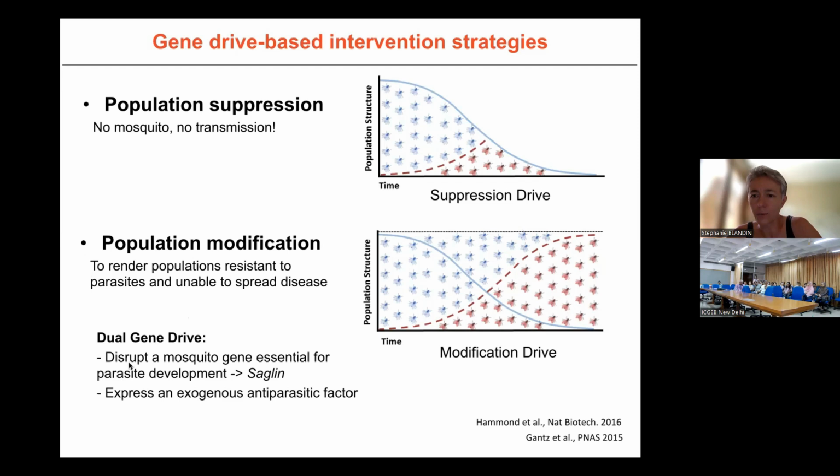The first one is to disrupt a gene that is important for the parasite to develop, that's saglin we've been mentioning. The other is to express an exogenous antiparasitic factor. You will see that these two strategies target the parasite at different stages, one in the midgut stages and one in the sporozoite stages, the ones that invade the salivary glands. So I will first explain what exogenous antiparasitic factor we've been using, and then I come back to saglin afterwards.